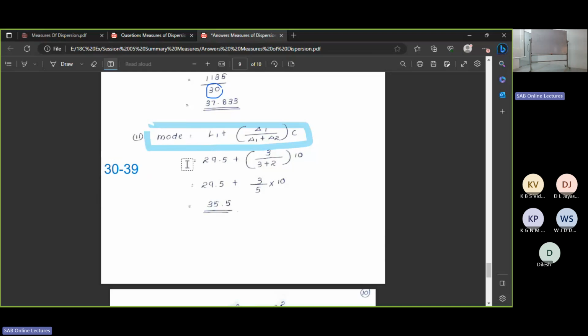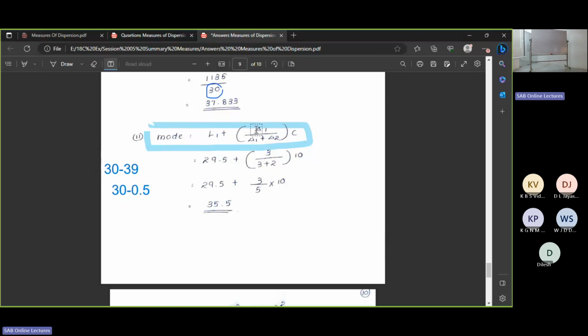How do we convert it into the boundary? Subtract 0.5. So 30 minus 0.5 is the lower class boundary. Understood? Normally when converting limits to boundaries, we subtract 0.5 from the lower limit and add 0.5 to the upper limit. It's clear? Then the lower class boundary is 29.5.